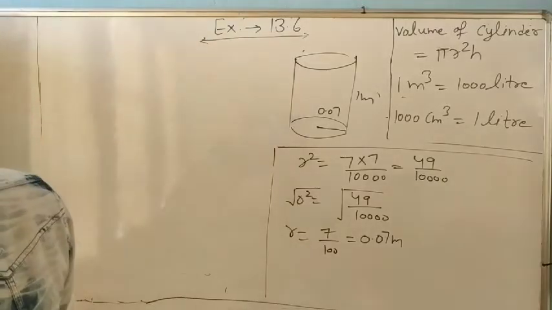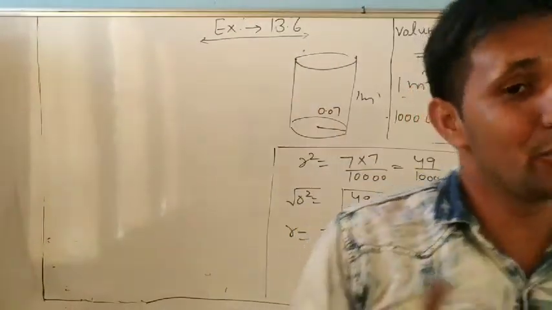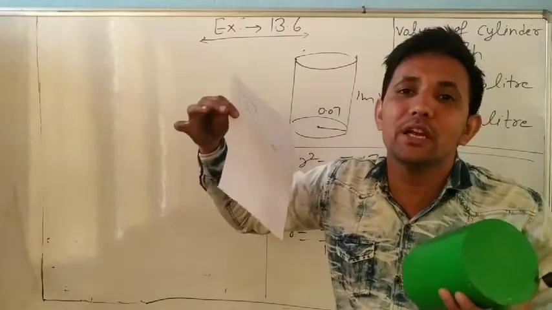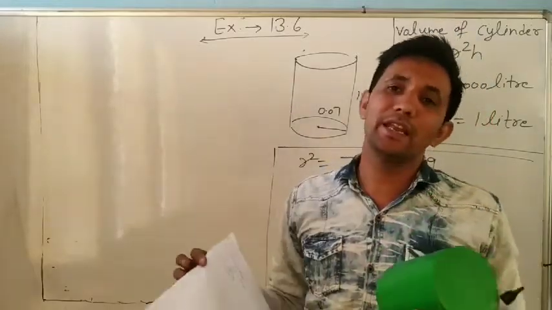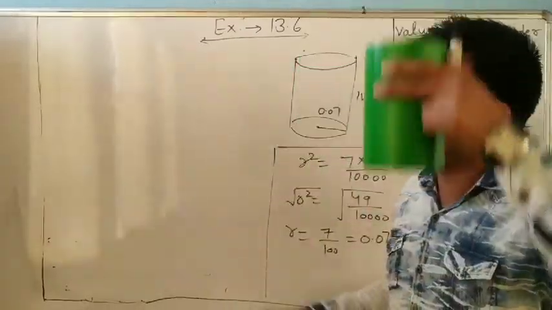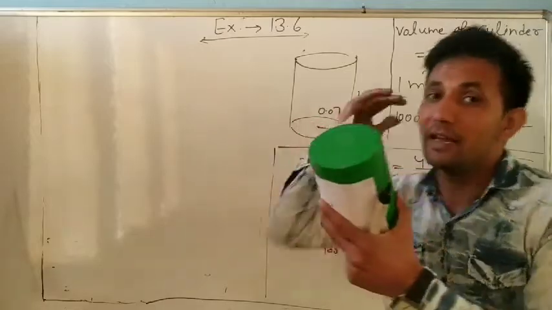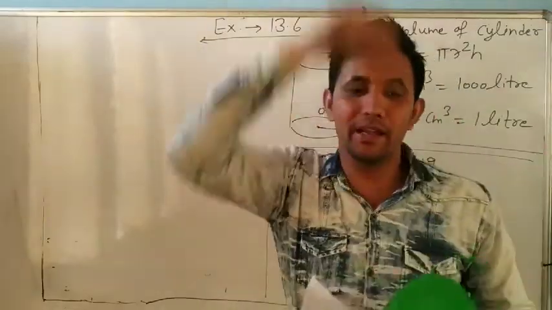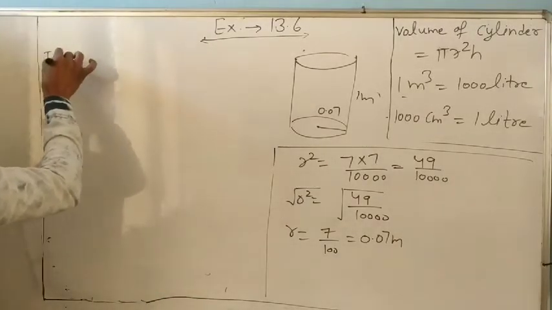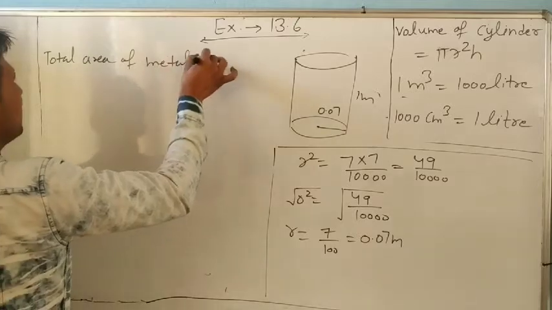Next, we have to find how many square meters. Look, in the question it is already given square meter. Square meter means we are using area. If you want to make a cylinder using a metal sheet, the metal sheet is used in the outer curved surface area and the top and base. So we write the total area of metal sheet.